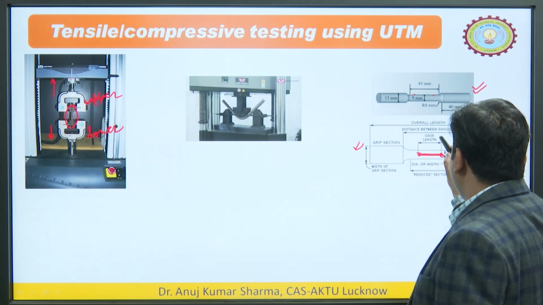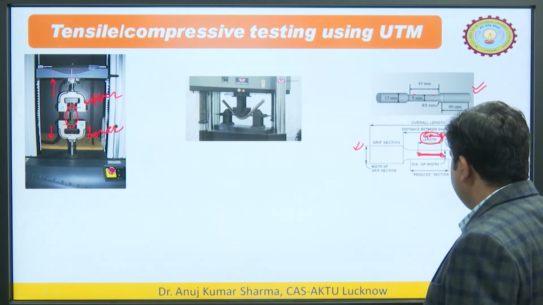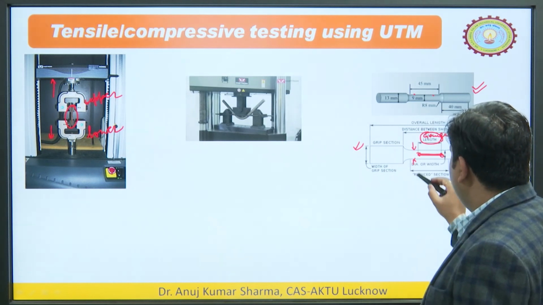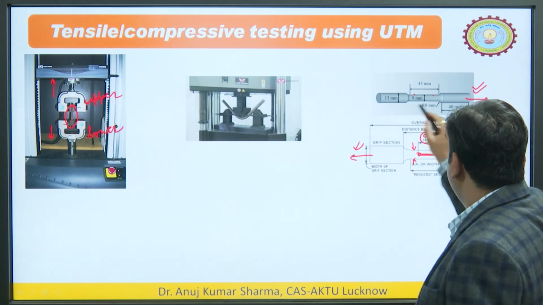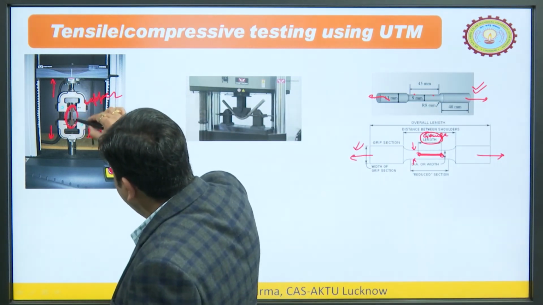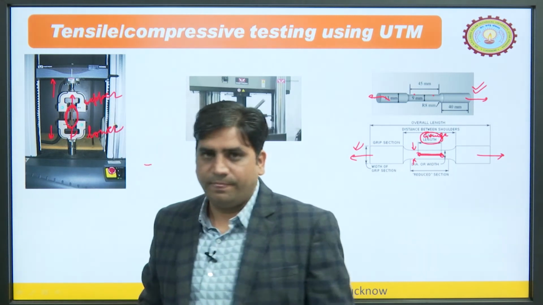So, this length is the gauge length, sometimes we call it the gauge length also. This is the gauge length and this is the initial diameter, and when you stretch it in this direction like this, we are stretching this. So, this is the specimen and we are stretching it here with the help of this machine.